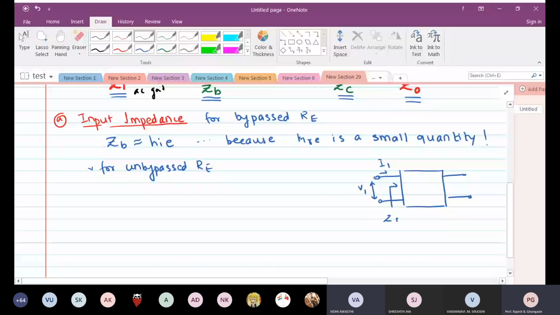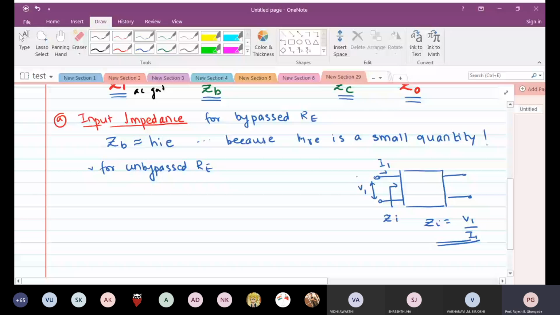V1 by I1. So you apply a voltage and simply measure the current, isn't it? So ZI will be equal to V1 by I1 simply. In a similar way, we are going to derive the equation wherein I can have input voltage and the input current. Simply take the ratio and find out the input impedance.